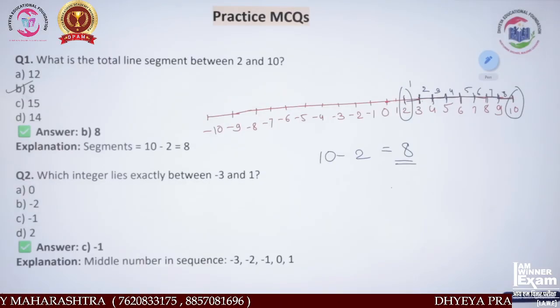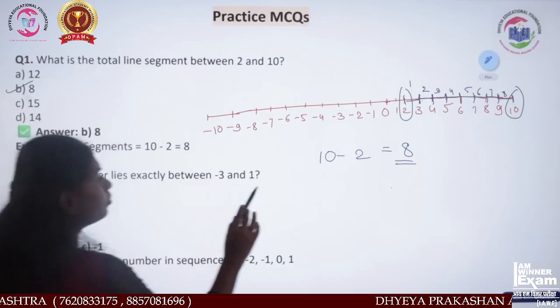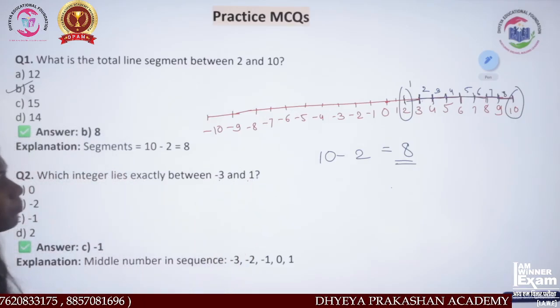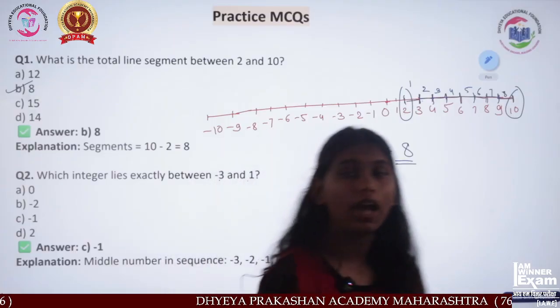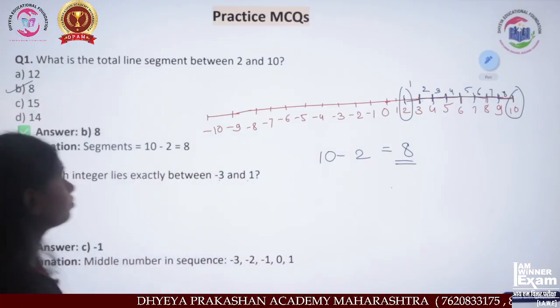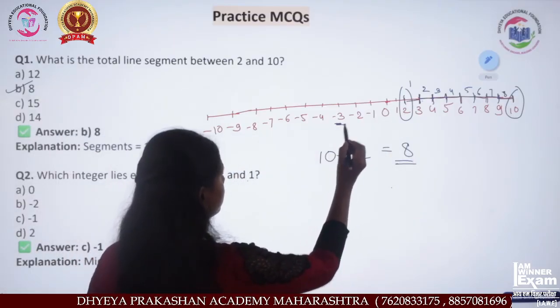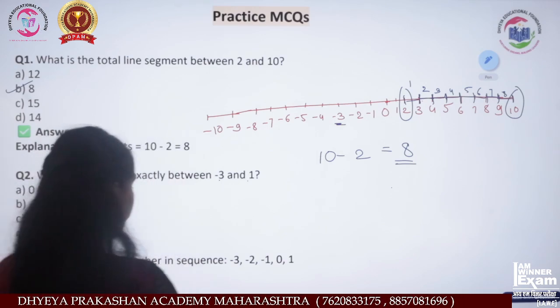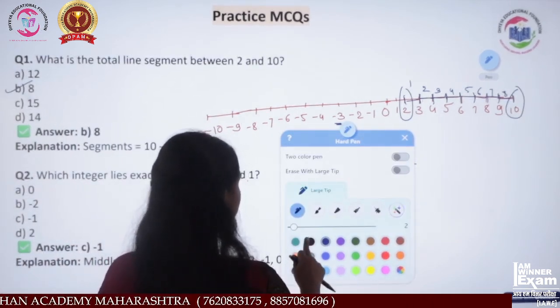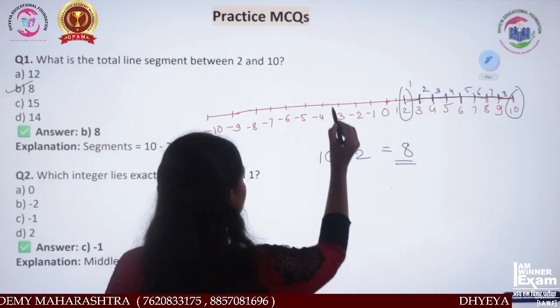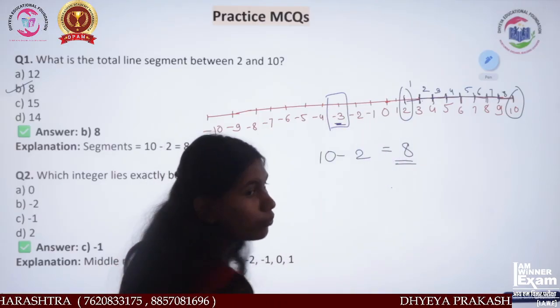Next, now which integer lies exactly between -3 and 1? -3 and 1 means what? Here is a -3 and what we want?